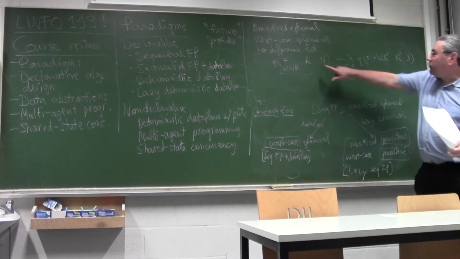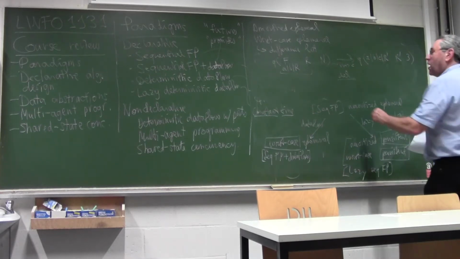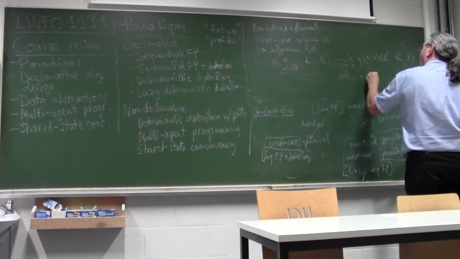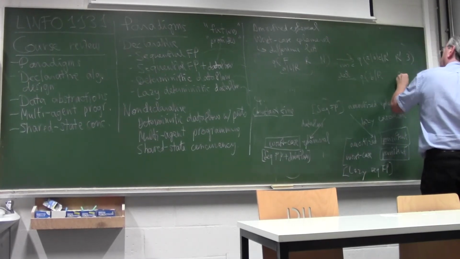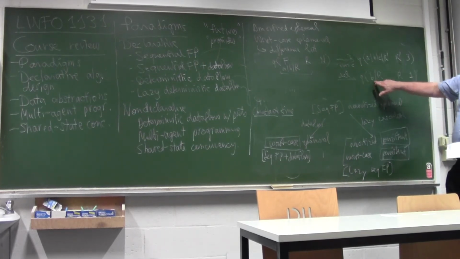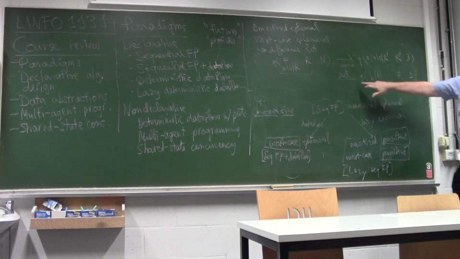So for the insert, basically I'm changing the R to R prime, and I'm binding R. And for the delete, I remove this one. So now I have B, R, R, and now I have only one element. So you see, for the insert, I'm updating the second variable, and for the delete, I'm updating the first one.